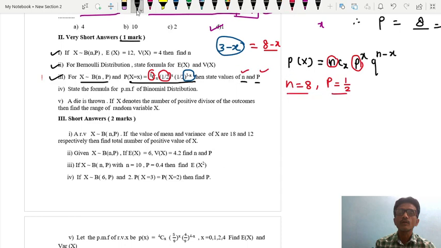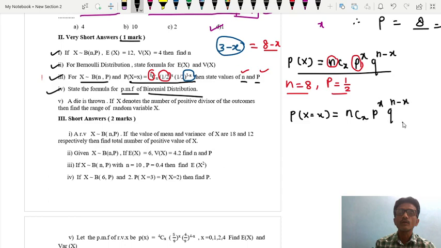Now next question. State the formula for the probability mass function of binomial distribution. As I wrote here, p of x is given by ncx p raised to power x q raised to power n minus x for x is equal to 0, 1, 2 up to n.